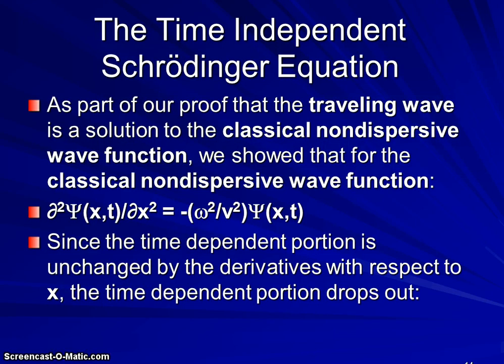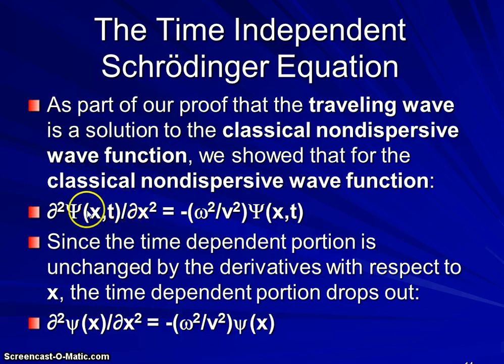Since the time-dependent portion is unchanged by the derivatives, the time-dependent portion drops out of the equation. In other words, since this equation on both sides has x-dependent times time-dependent, we can divide both sides by the time-dependent portion and get an equation that depends only on x, only on position, and not on time.